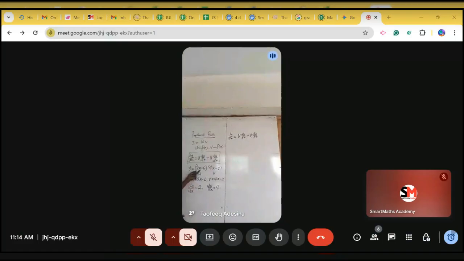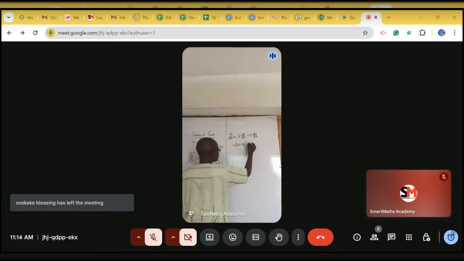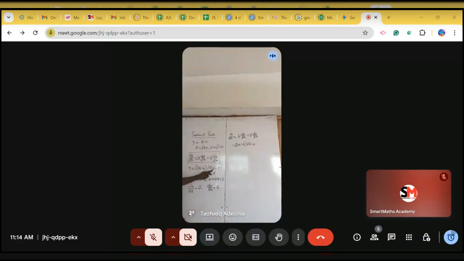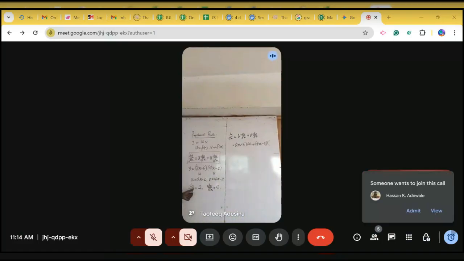This is u, don't forget: 2x minus 6, multiplied by dv/dx, which is 4, plus v, this is our v, 4x minus 3, multiplied by du/dx, which is 2.